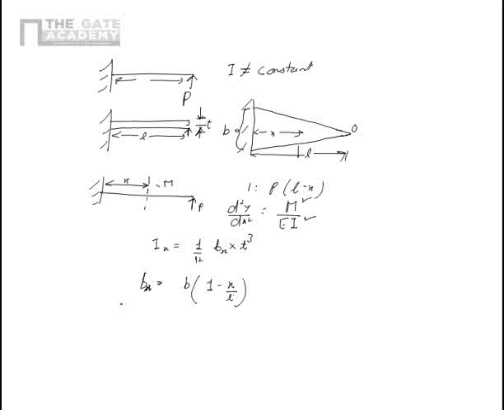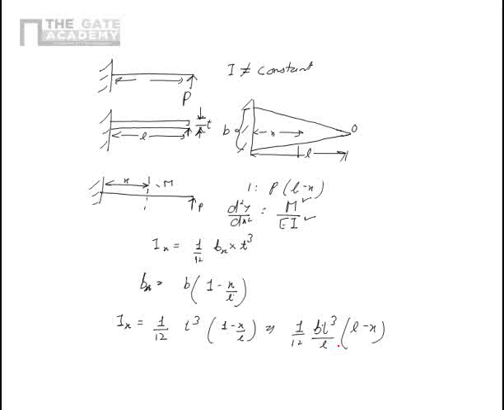So I put this value in Ix, I get Ix equal to 1/12 bt cube into (1 minus x upon L), or 1/12 bt cube upon L into (L minus x).